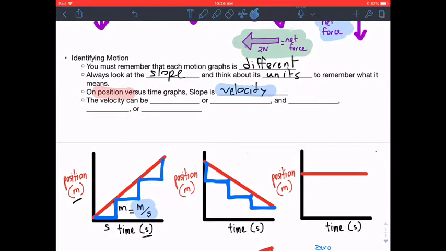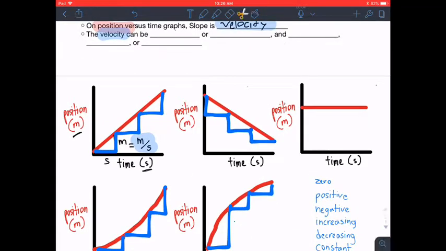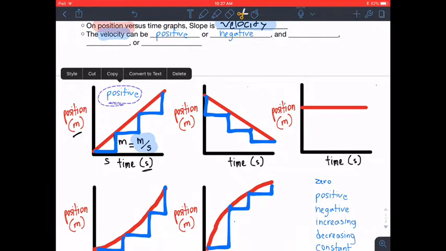Now, what can those velocities do? Well, the velocity can be doing a lot of things, and I've actually written them down here. And it's all based on what a slope can be. So the slope, or the velocity, can be positive, and it can also be negative. And I want to attach that to some of these graphs down here. So for example, in this graph, the slope is positive.